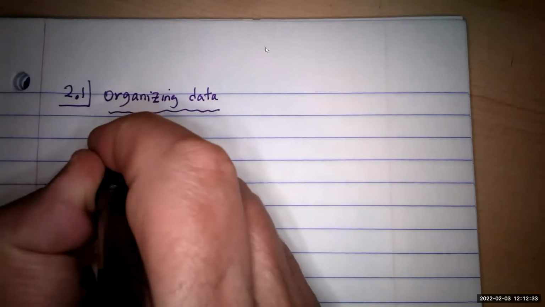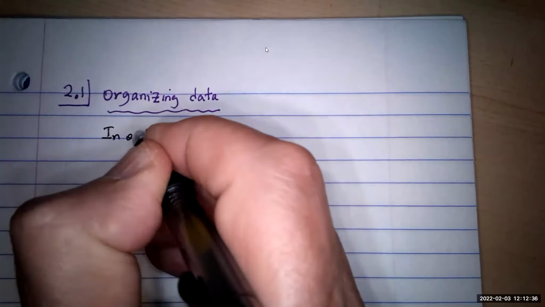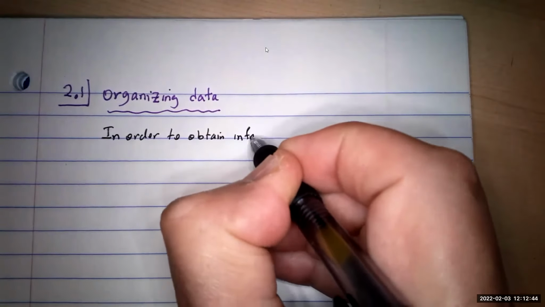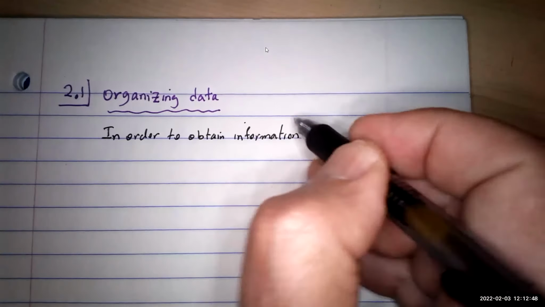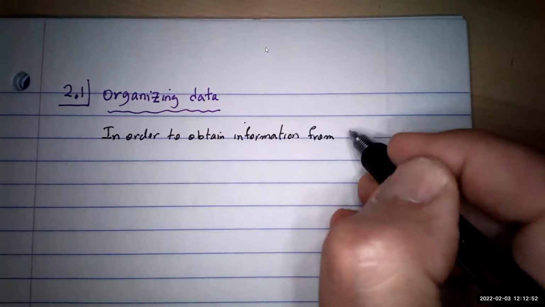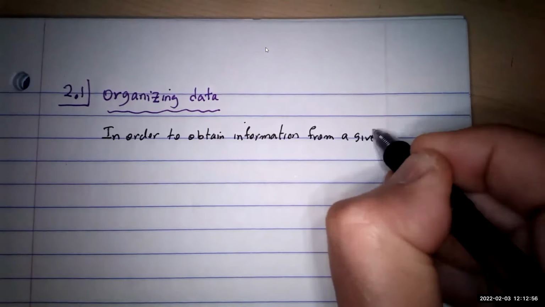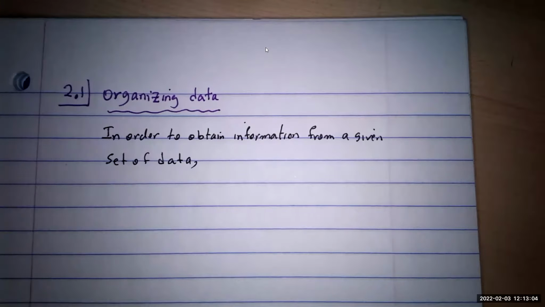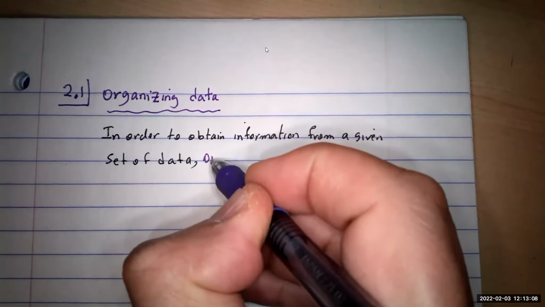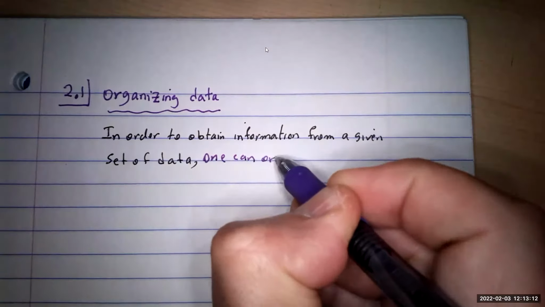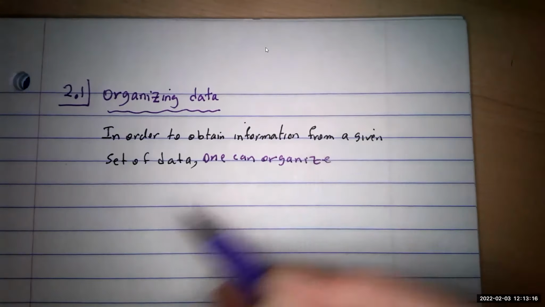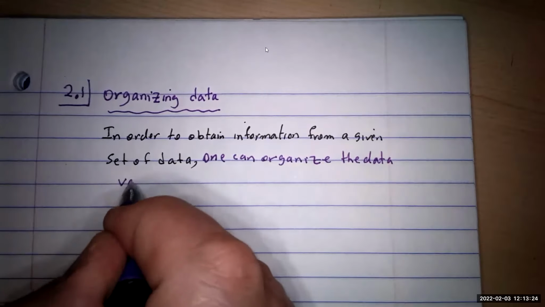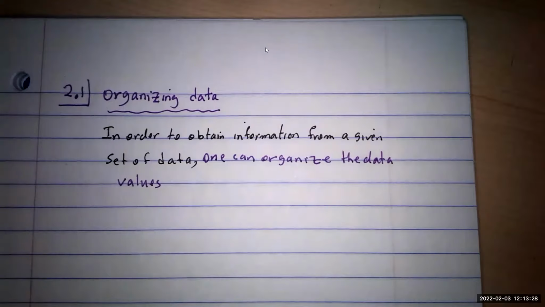So in order to get a good idea of what's going on, in order to obtain information from a given set of data, we are going to put them together. So one can organize the data values.